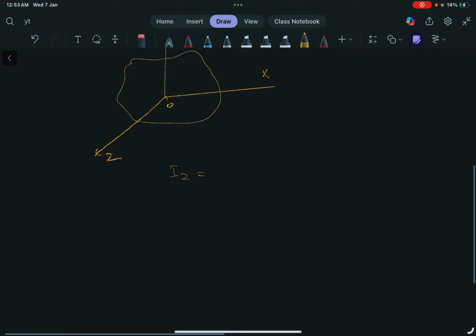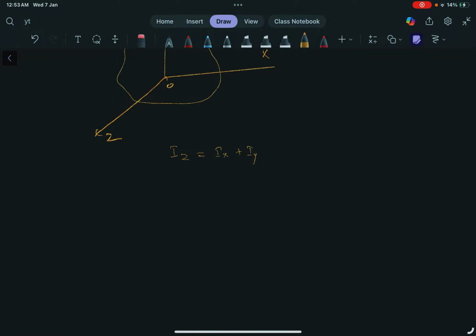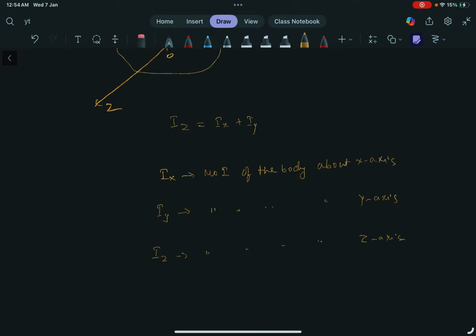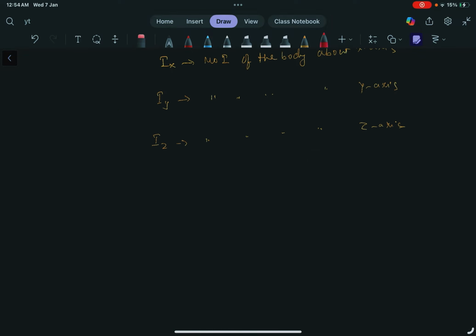Suppose Iz is equal to Ix plus Iy, where Ix is the moment of inertia of the body about the x-axis, Iy is the moment of inertia of the body about the y-axis, and Iz is the moment of inertia of the body about the z-axis.